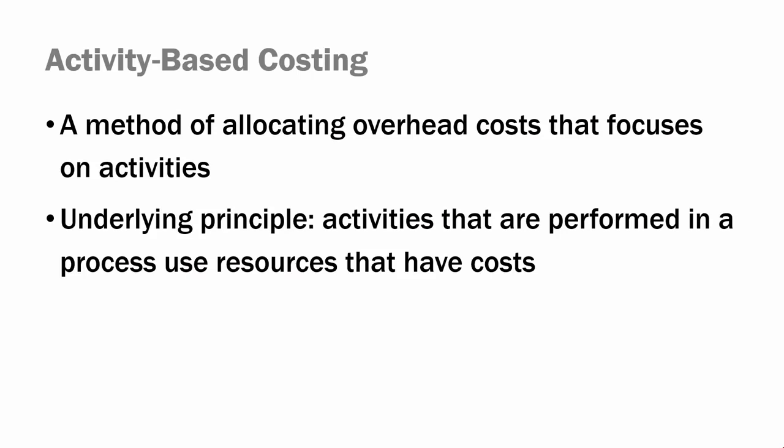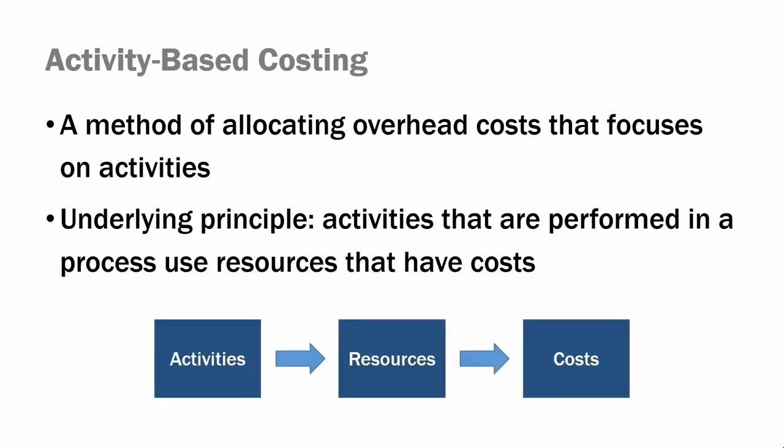So for example, if a product is responsible for 40% of a particular activity, ordering material from suppliers, for example, then that product will be allocated 40% of the cost of ordering material from suppliers. The idea here is that activities, and here we've got ordering material as our activity, use resources.